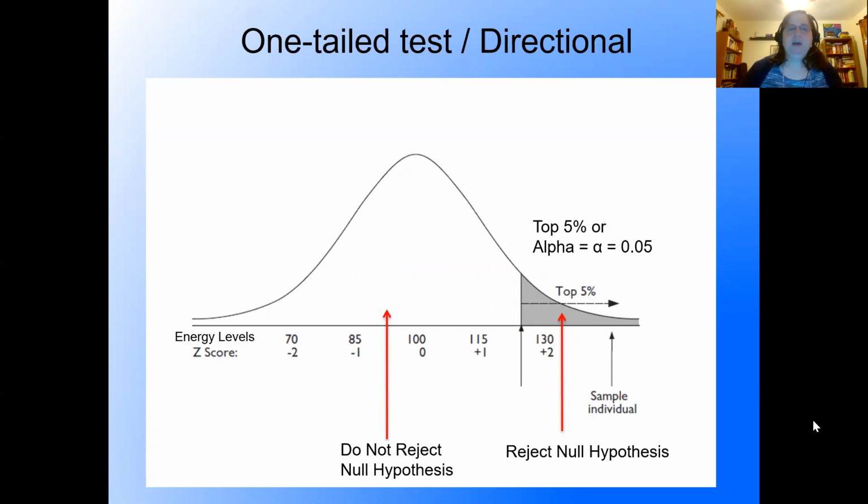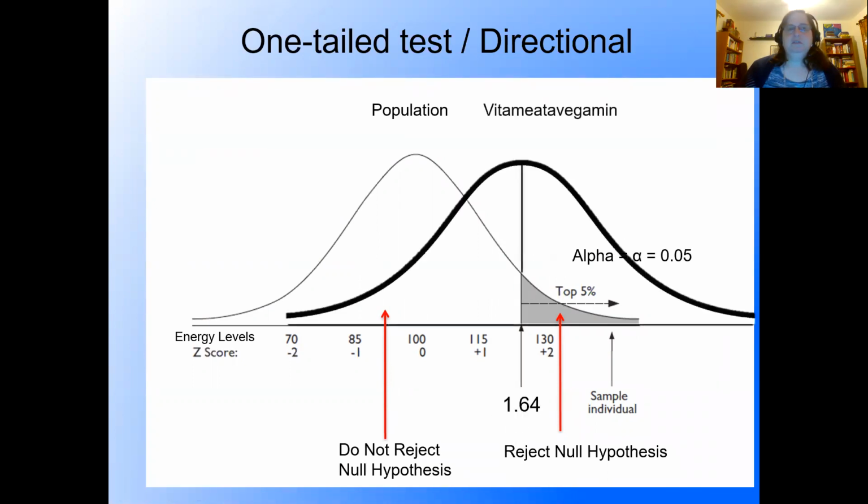If we are looking at the top 5%, we want to say that if the mean for vitamin D regimen use falls in that top 5%, we will reject our null. We will reject that there is not a significantly higher energy level in those taking vitamin D regimen.